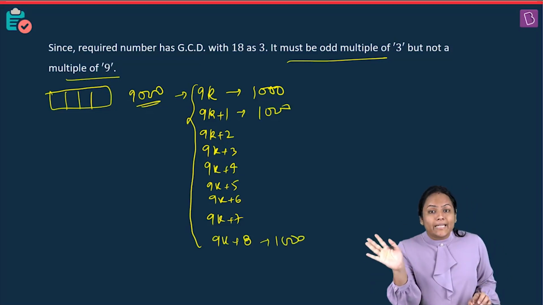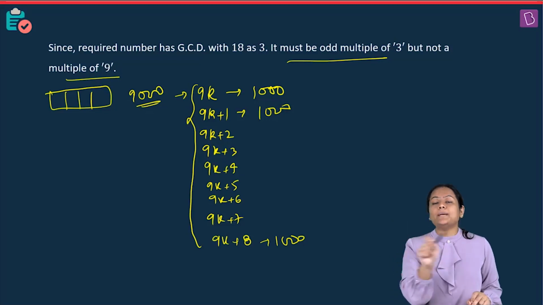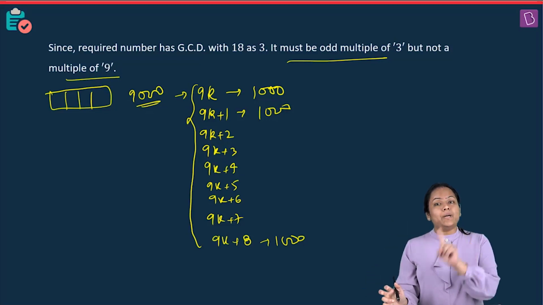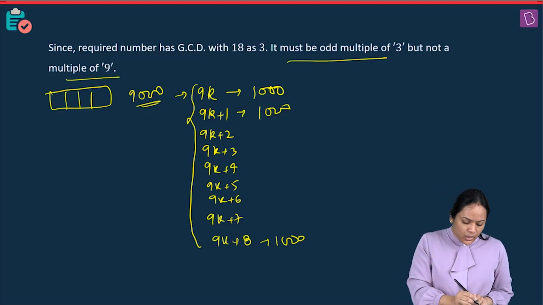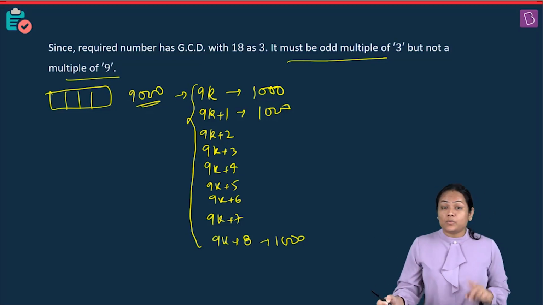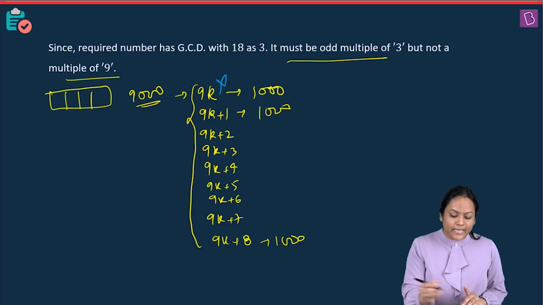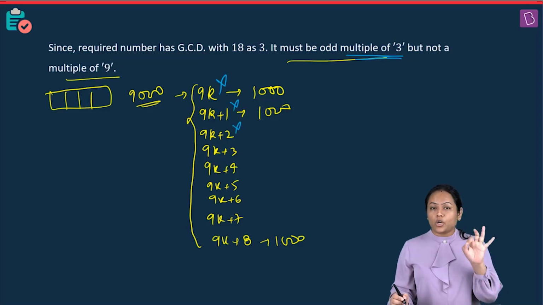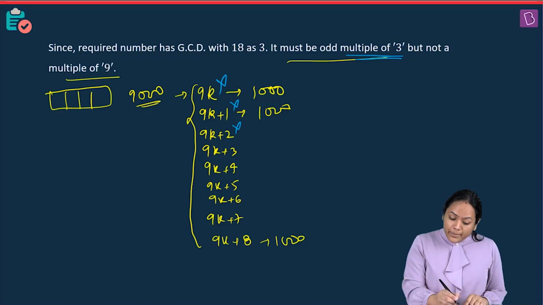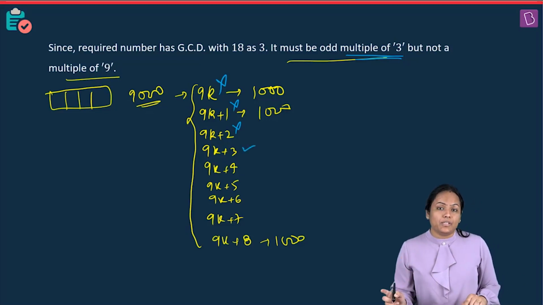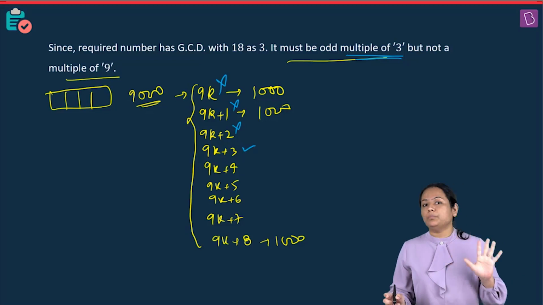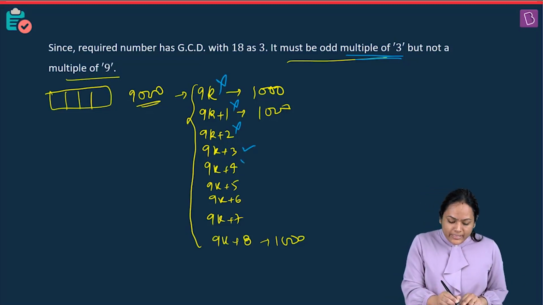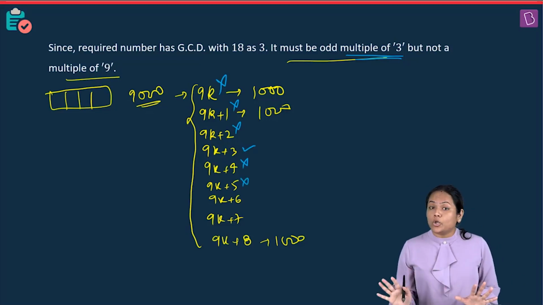So what I have to find is a number that is not a multiple of 9 but is a multiple of 3. So what can I have? If I want numbers which are not a multiple of 9, I cannot take 9k. It has to be a multiple of 3. Therefore, 9k plus 1 and 9k plus 2 are not possible because these are not multiples of 3. But I might have 9k plus 3. It is a multiple of 3, not a multiple of 9, right? Definitely 9k plus 4 and 9k plus 5 are not possible because these numbers are not a multiple of 3.